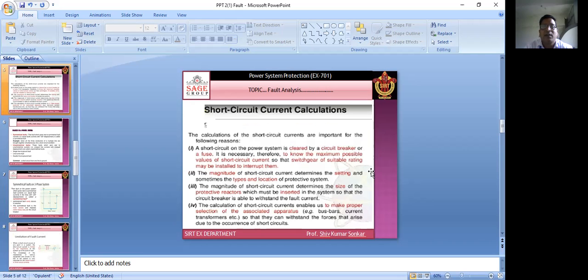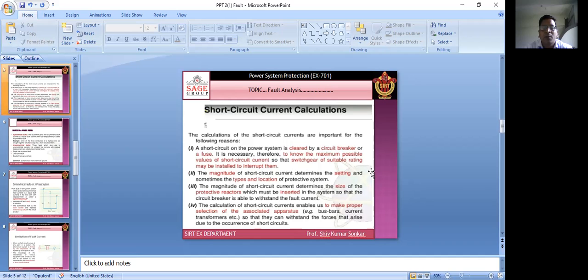Short circuit current calculation. The calculations of short circuit currents are important for the following reasons. First, a short circuit on the power system causes heavy current, and second, the magnitude of the short circuit current determines the setting and sometimes the types and location of protection system.